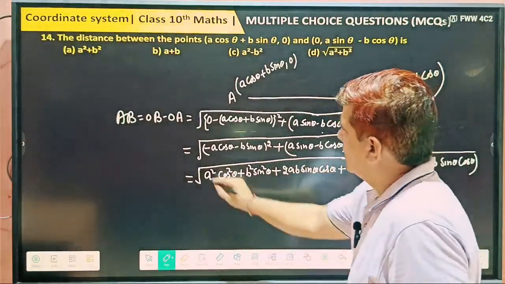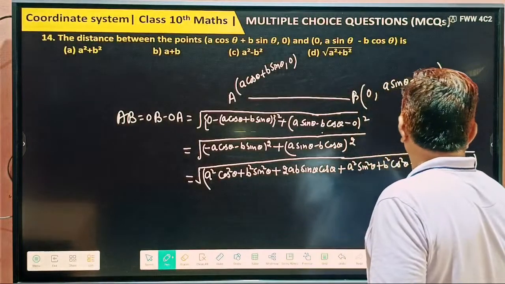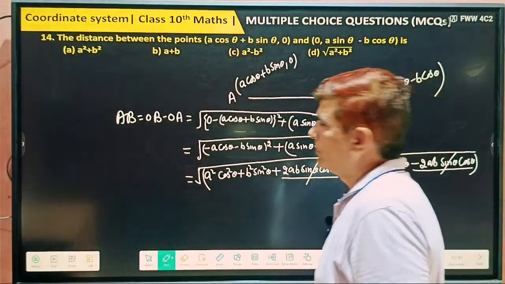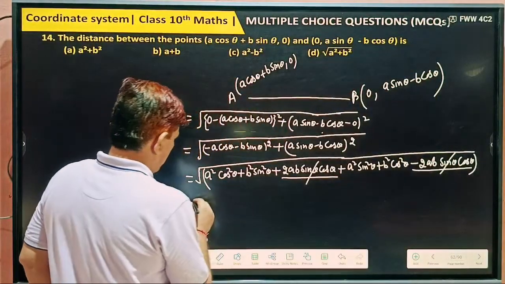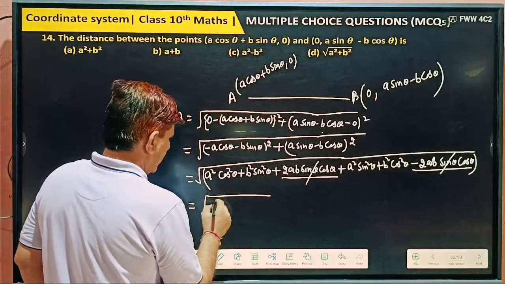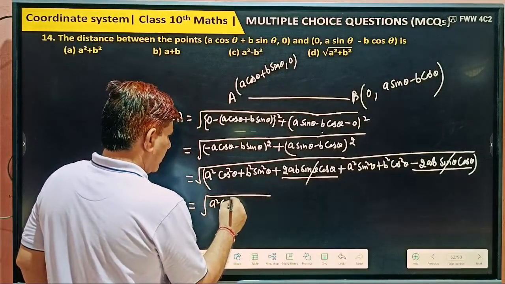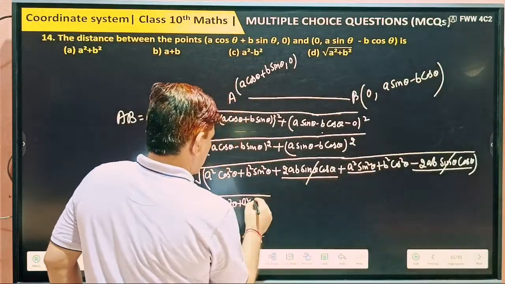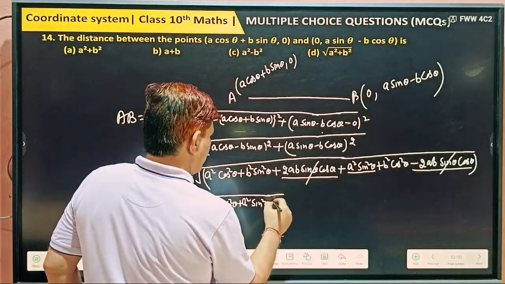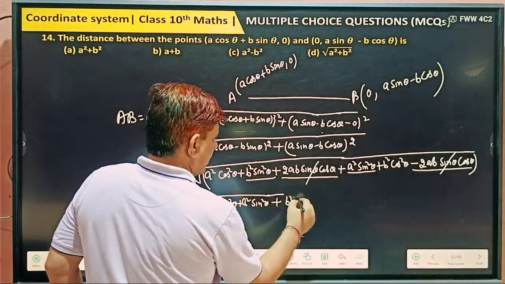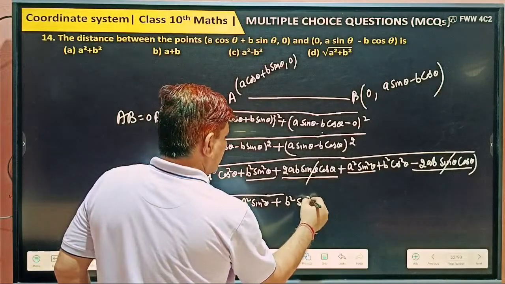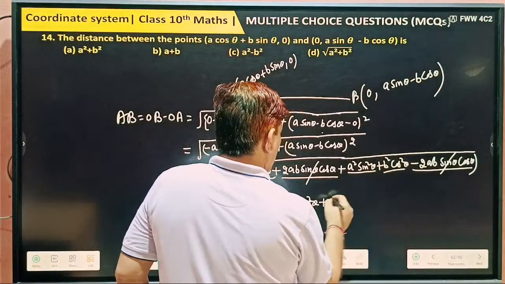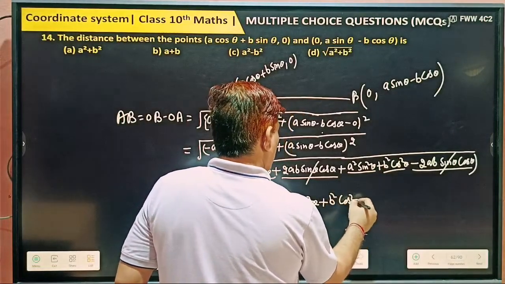Check one time, this is negative, this is positive, remaining same, so they cancel out. So how can I write? This I have written like this: A square cos square theta plus A square sin square theta plus B square sin square theta plus B square cos square theta.